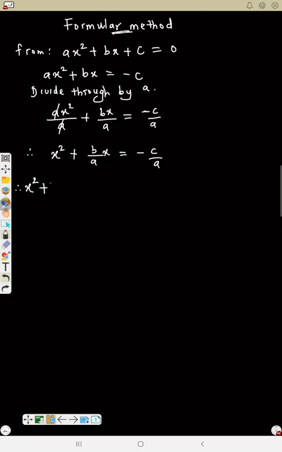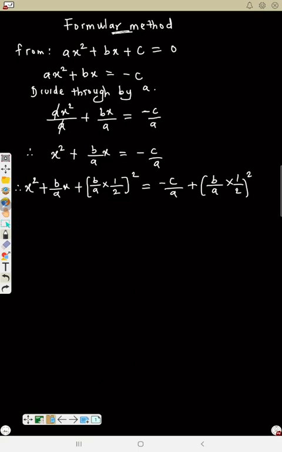So now x squared plus b over a x plus, remember I said anything you have here, you multiply it by half, then you square it. So it equals minus c over a plus, I said you add the same thing to both sides, that will be plus b over a times 1 over 2, squared.